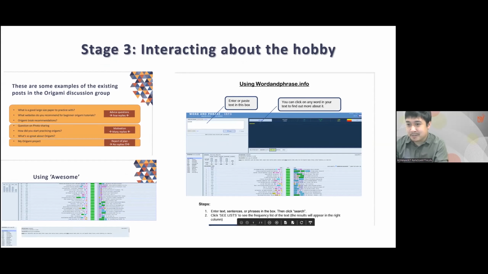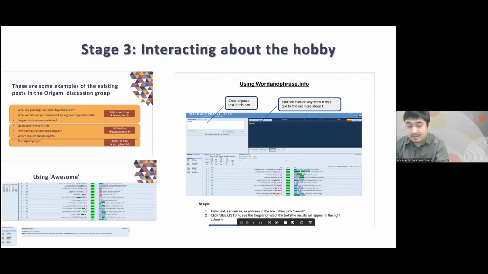In addition to seeing the word list, we ask them to look at the concordance lines to see the patterns of words and understand how each word is used in real-world context. The example we showed students was awesome.